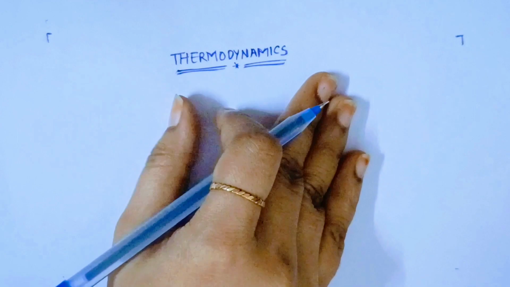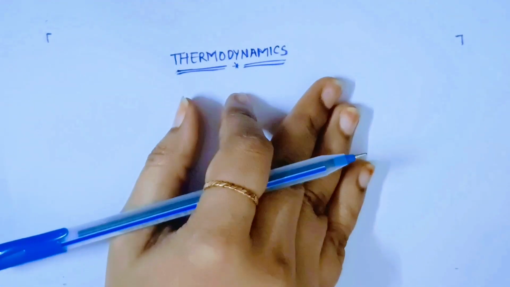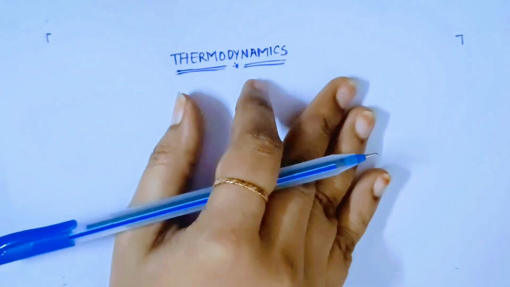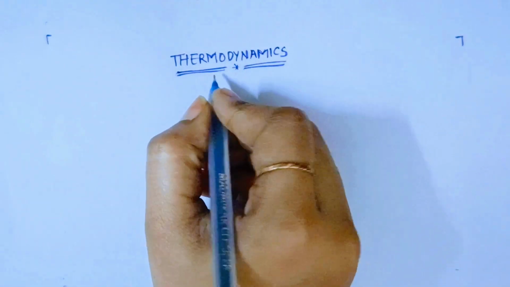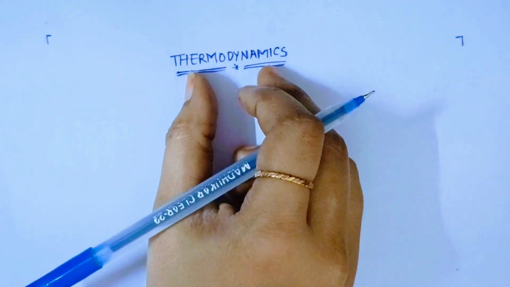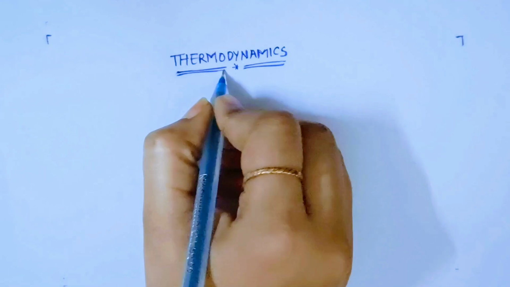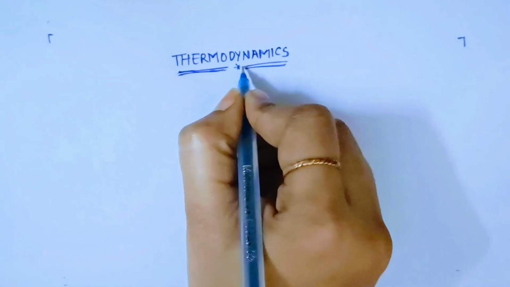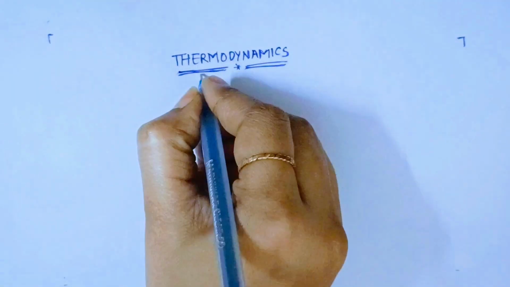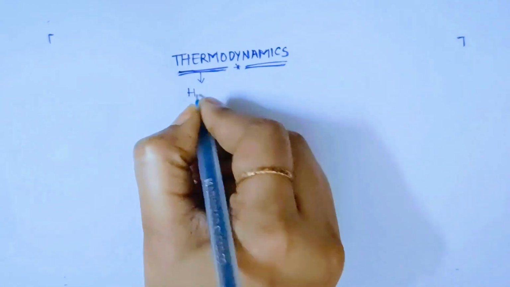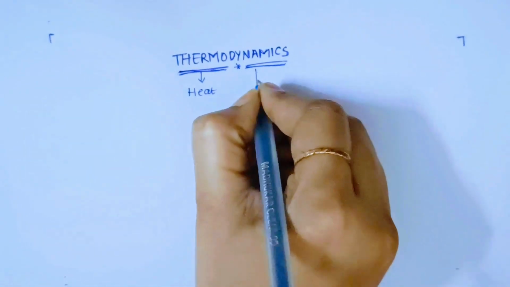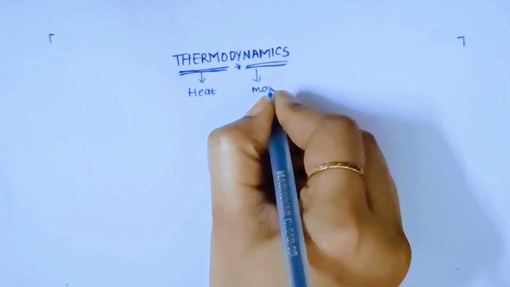Today I am going to explain some of the basic concepts of the thermodynamics subject. Thermodynamics is the combination of two words: thermo and dynamics. Thermo is nothing but heat, and dynamics is nothing but motion.